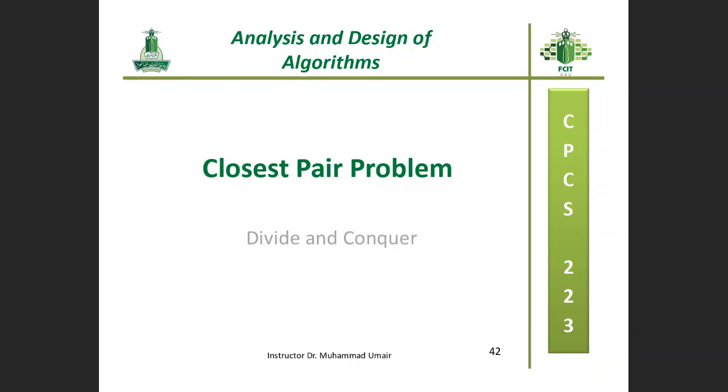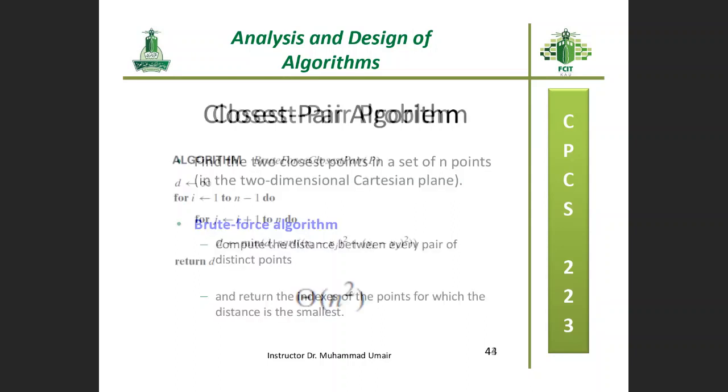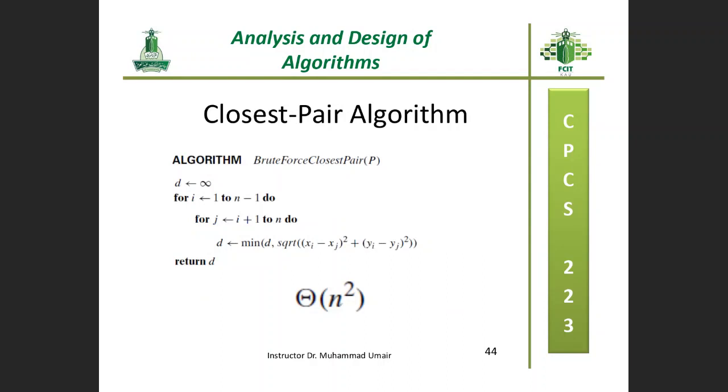Can anyone explain what was that technique to determine the closest pair of points in a two-dimensional Cartesian plane? The brute force technique was to pick one point and compare it with all other points one by one and calculate the Euclidean distance. After calculating all possible distances, whichever value is the smallest will be your answer. And its efficiency was theta of n square.